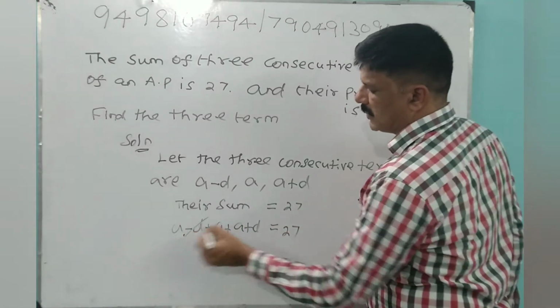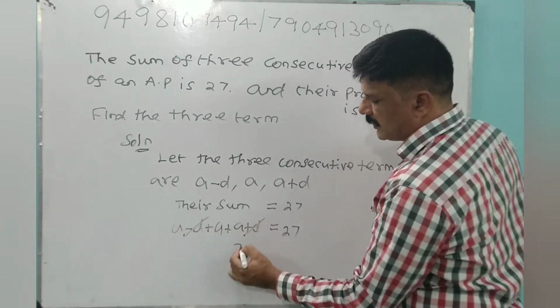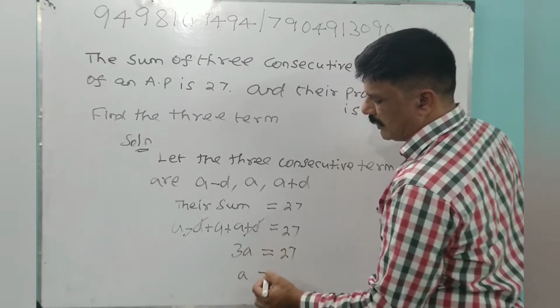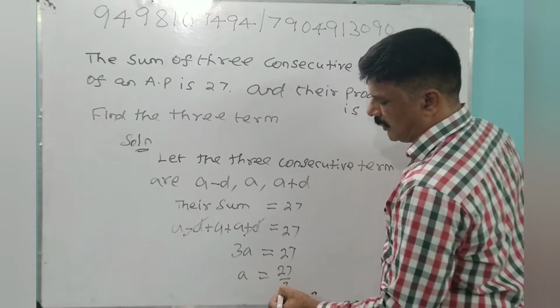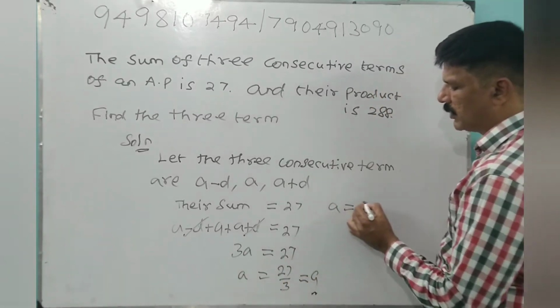Here minus d plus d cancel. So a plus a plus a is 3a. 3a equal to 27. Now a equal to 27 by 3 equal to 9. So the first term a equal to 9.